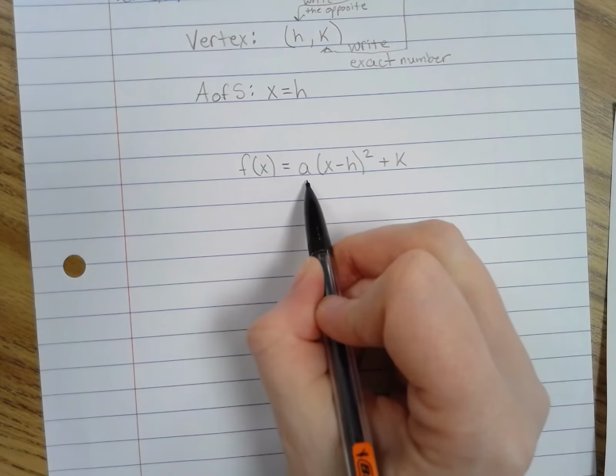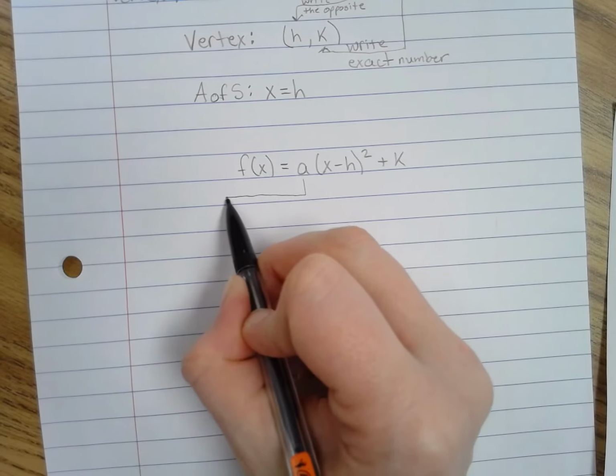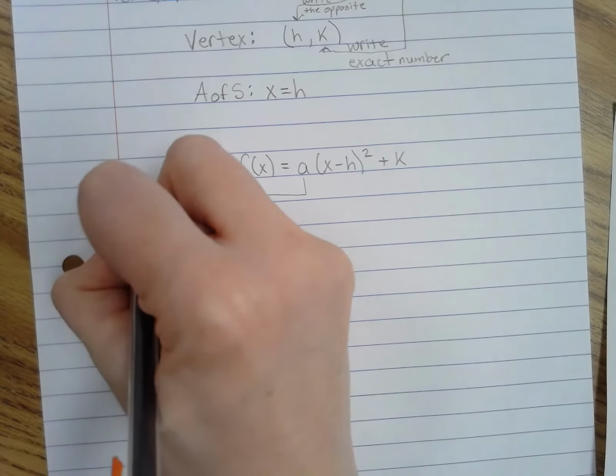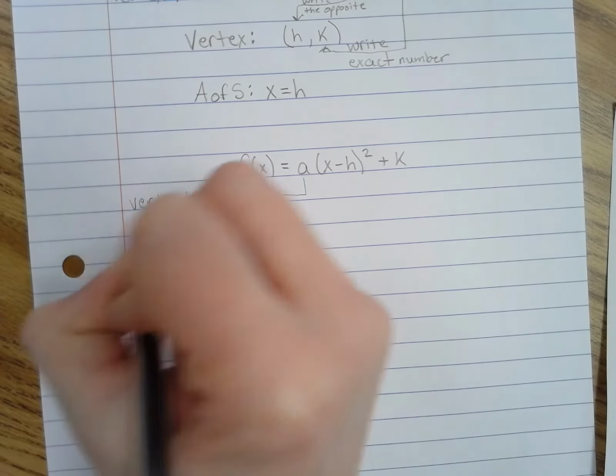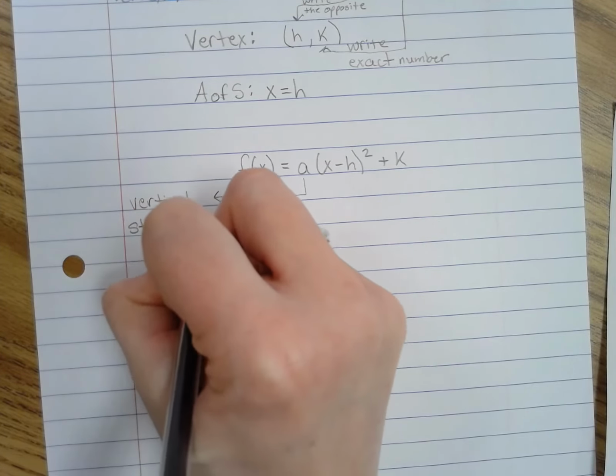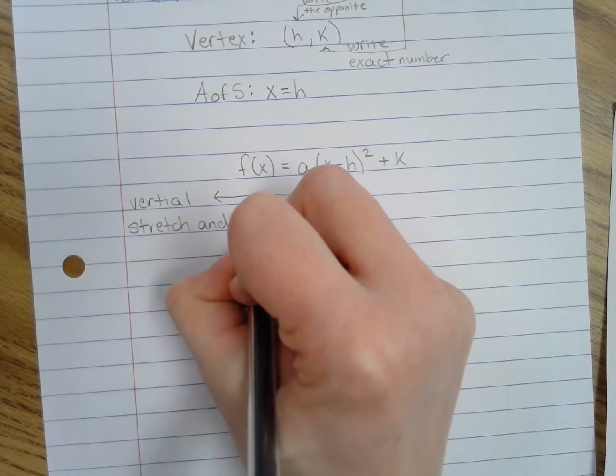So the a value will determine whether it opens up or opens down, and we'll talk about that more later. But it also determines if it is a vertical stretch or compression. Vertical stretches and compression.